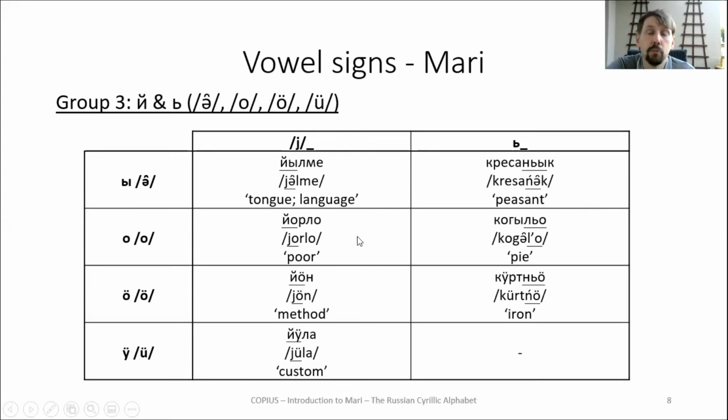If you remember from Russian that in Russian we have this duality of vowel sounds with o too, where we have the o and the yo. In Mari, this system was not adopted because there are a bunch of peculiarities surrounding the pronunciation of Russian yo. There's alternation between yo and ye, and there's also the rule that yo always has to be stressed.